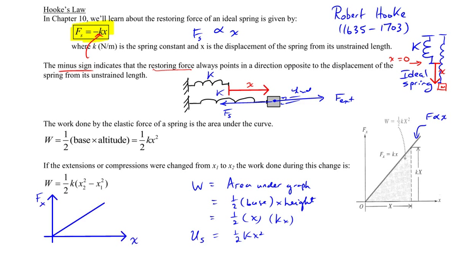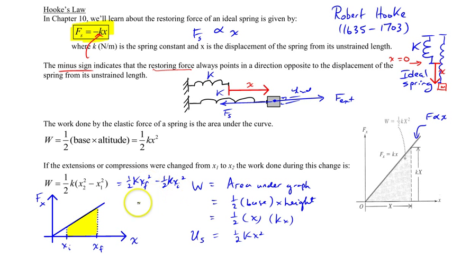More generally, if we start at an already pre-stretched position of, say, x initial and then end at a final position x final, then the work is defined as this, which is really 1/2 kx final squared minus 1/2 kx initial squared. 1/2 kx final squared would be the total area of this whole triangle here, whereas 1/2 kx initial squared would be the area of this little white triangle in here.